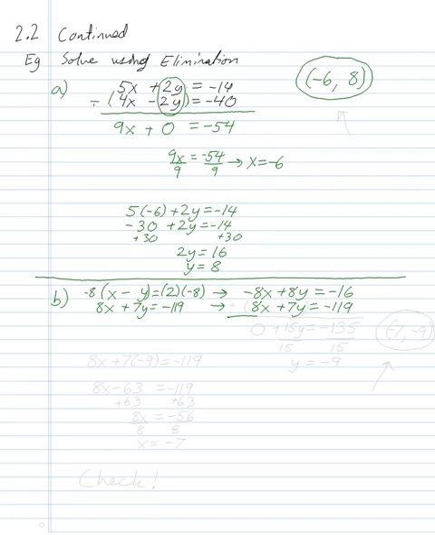At this point, if I add the left-hand sides together, -8x plus 8x eliminates x, and 8y plus 7y leaves me with 15y. And on the right-hand side, -16 plus -119 leaves me with -135.